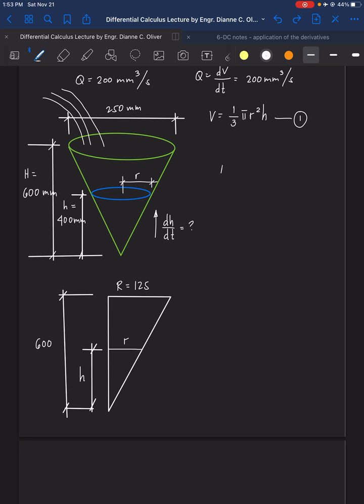So again, by similar triangle theorem, we have the radius, height, the smaller radius, smaller height, big radius, big height. So r is now equal to 5h over 24. And let's name that equation 3.